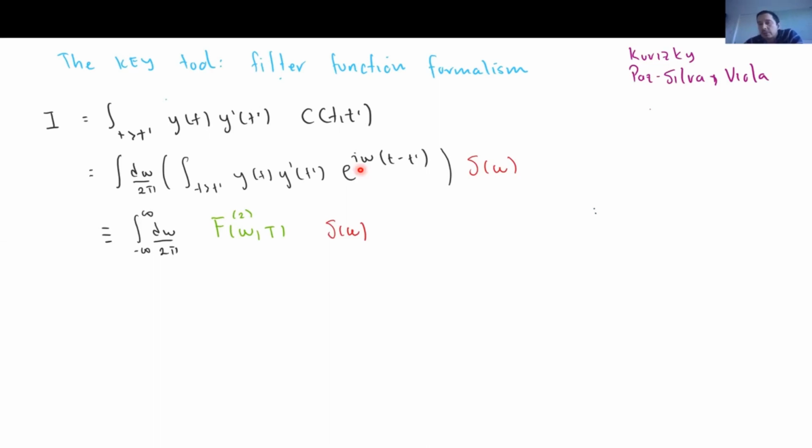This was pioneered by Kofman and Kurizki, and we generalized it later to a more general decoherence scenario. These objects carry a lot of information, not only for this integral but in general.